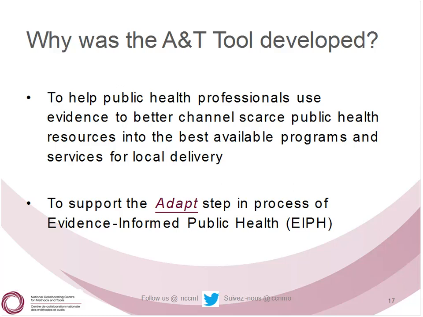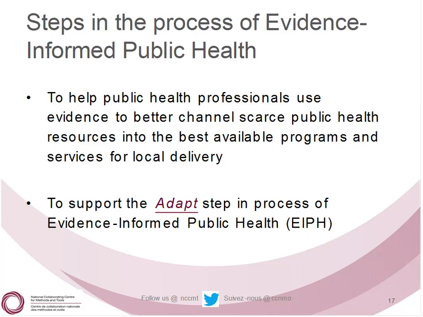So knowing that public health groups do not have all the resources to put in all programs that they might want to or that the public might want to experience, we tried to develop a structured way to look at different kinds of programs after you've looked at the evidence. If you know the wheel from NCCMT, it's the adapt phase that we're looking at.